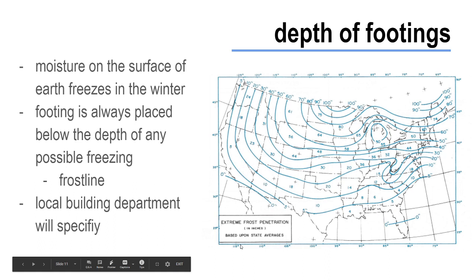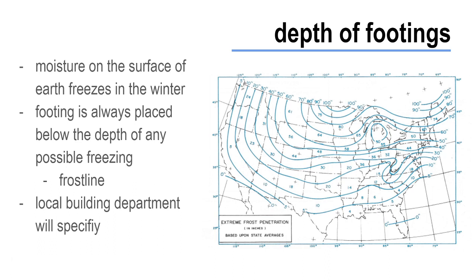Another thing to keep in mind is how far down you have to excavate for your footing depth. In many areas of the United States, the moisture on the surface of the earth freezes in the winter, and because of this, a frost forms and causes the earth to expand, and the force of this expansion is so great that if the earth under the footing of a building was allowed to freeze, the earth would crack the footing or potentially cause the building to move or shift.